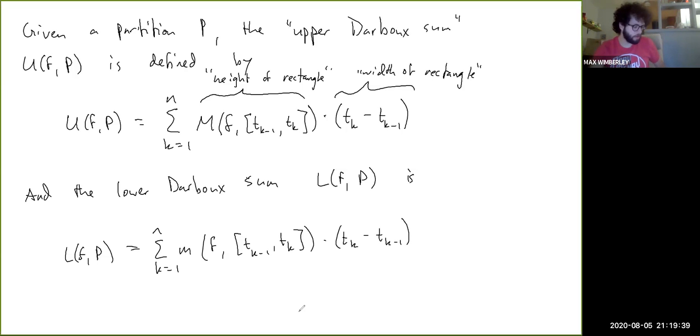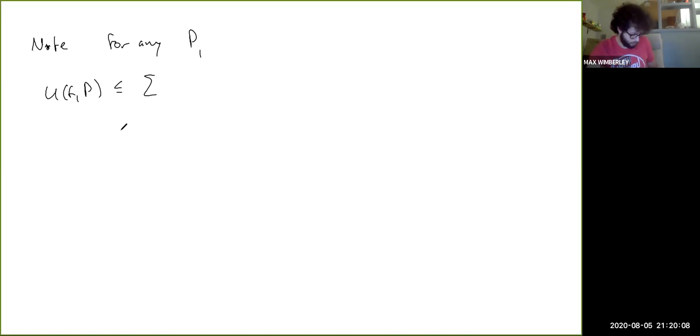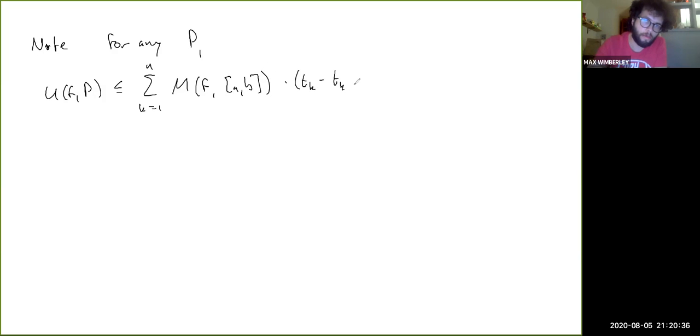So those are the upper and lower Darboux sums, and so note that for any partition, U of f, P is less than or equal to the sum from k equals 1 to n of M of f on AB times t_k minus t_{k-1}. Oh yeah, hold on. There was a hypothesis I missed. I'll get to that in a sec.